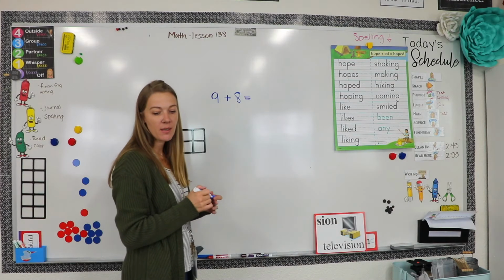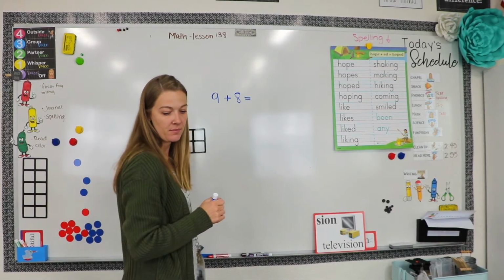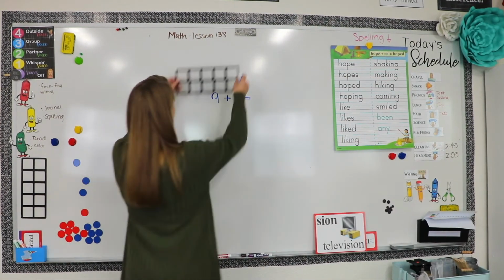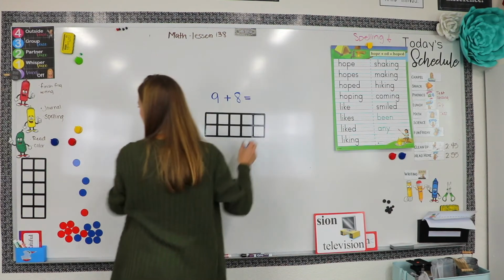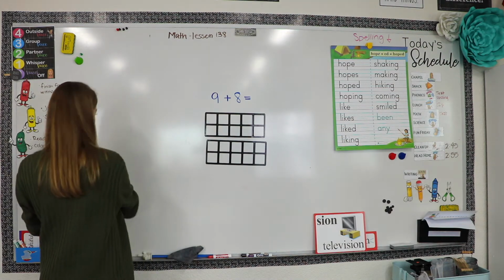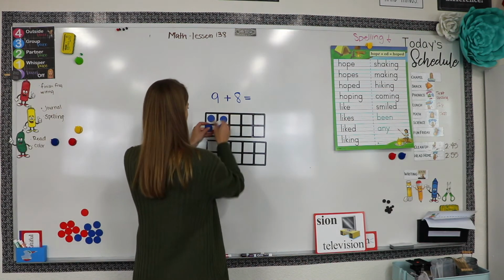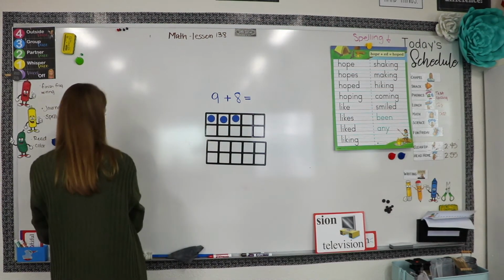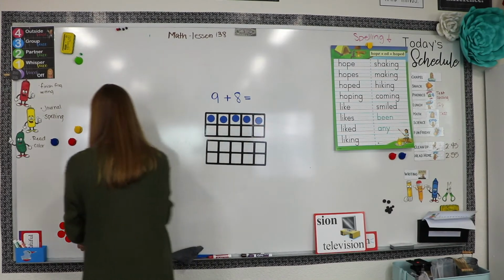Now if I'm going to put this in a 10 frame, let's do it like this. Blue is going to be the adults. I have 9 of them.